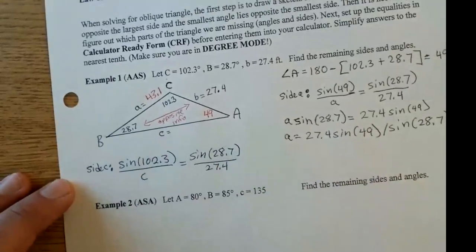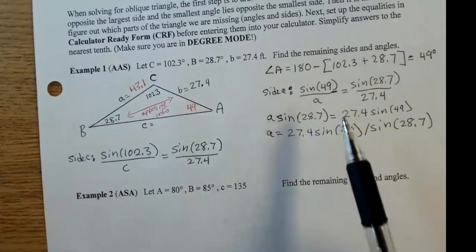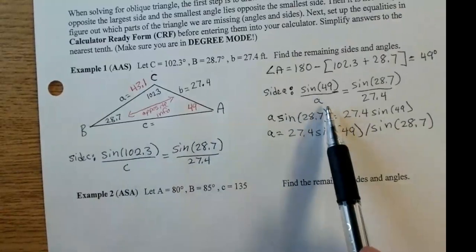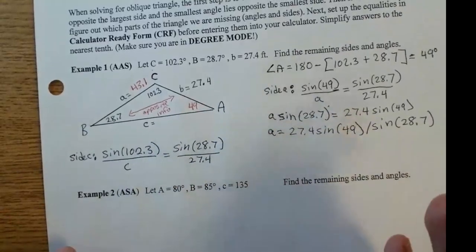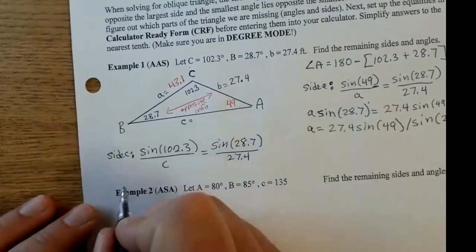So you can see the math is going to be exactly the same. The only difference is instead of the 49-degree angle, you have this 102.3 angle. Instead of the letter A, it's the letter C. Everything else is exactly the same. You cross multiply and then solve for C. Okay, so hopefully that's pretty easy.